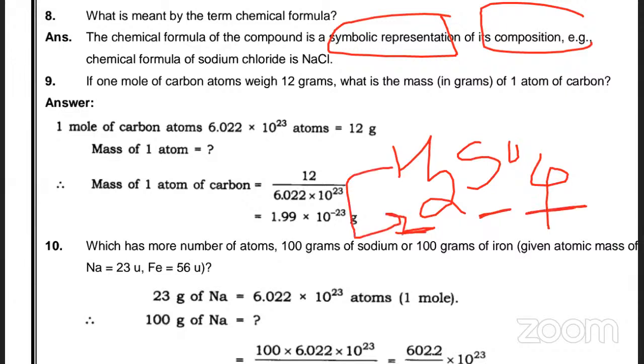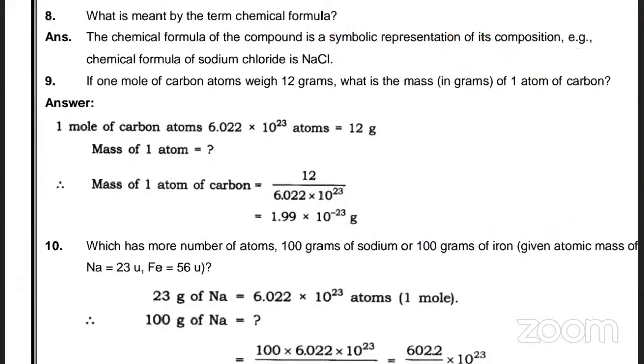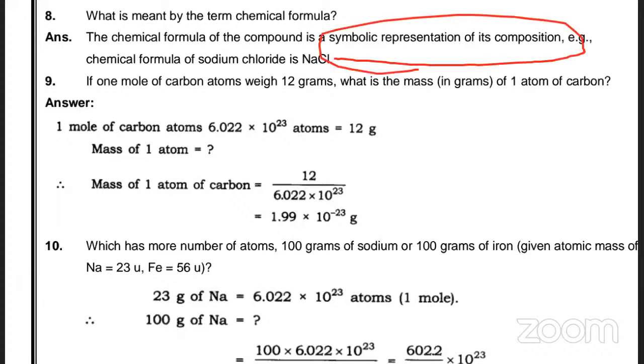There will be 2 atoms of hydrogen, 1 atom of sulfur, and 4 atoms of oxygen. So it is just the symbolic representation of its components or its composition. That is called chemical formula. Clear? Yes, sir.